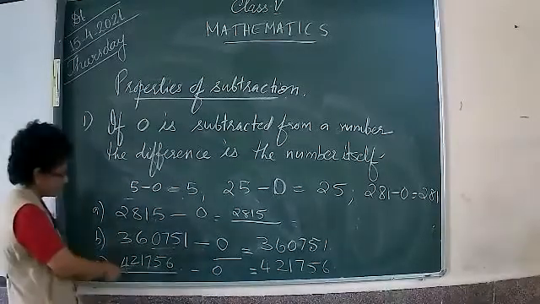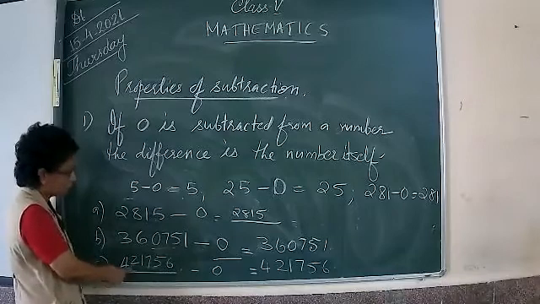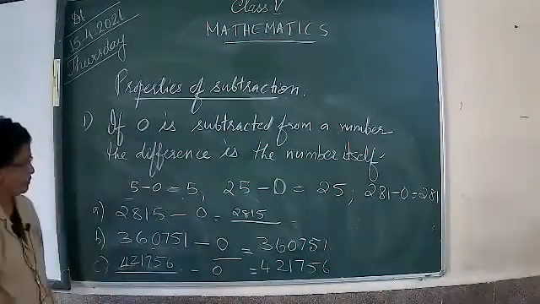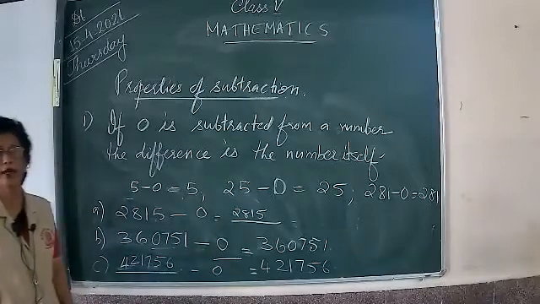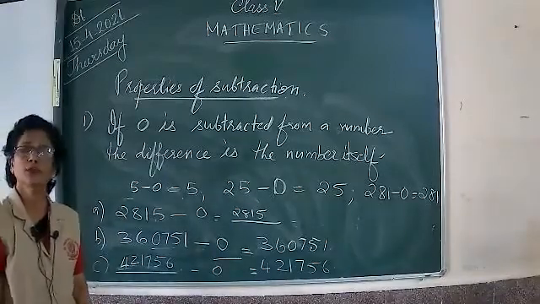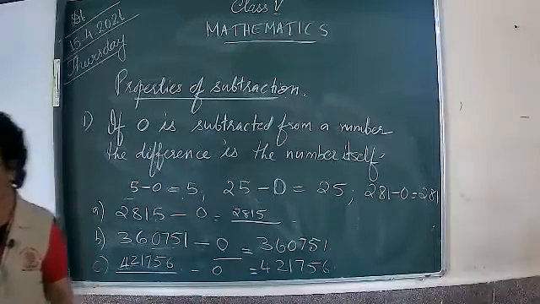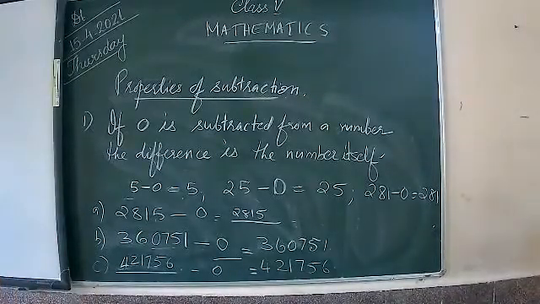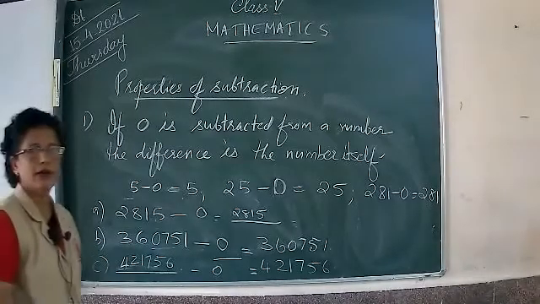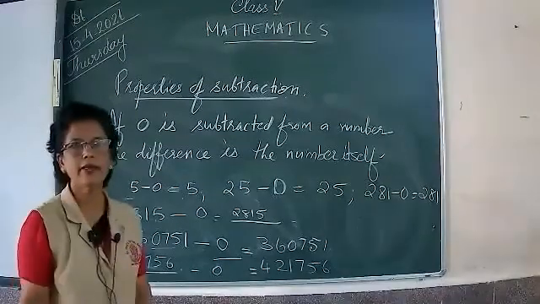So in the fill in the blanks, this blank you will fill with 421756. So these three types of questions you have done using that first property. Okay, copy down there.